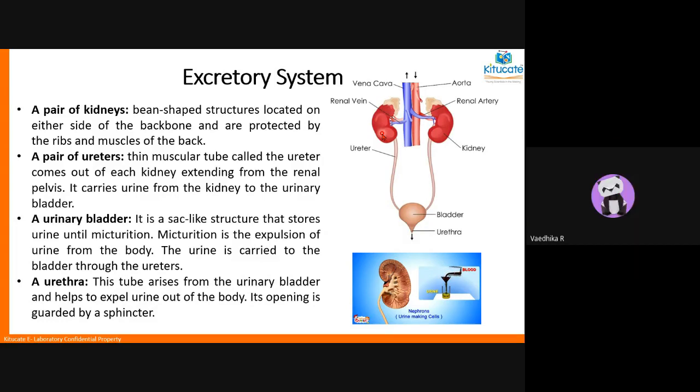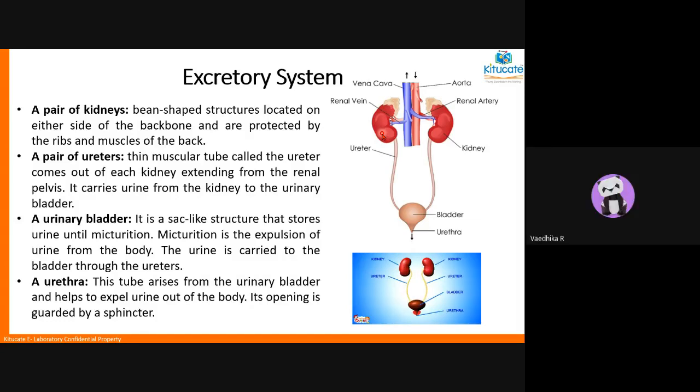Yeah, so our excretory system mainly consists of kidneys, which are like kidney bean-shaped organs. The dirty blood, or blood with a lot of impurities in it, passes through the kidneys, and the kidneys have tubes called nephrons.